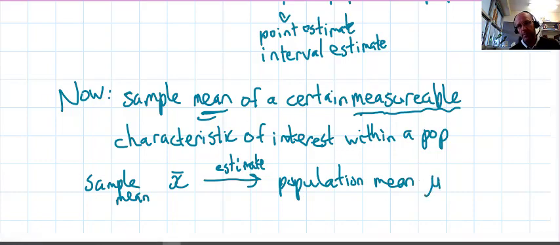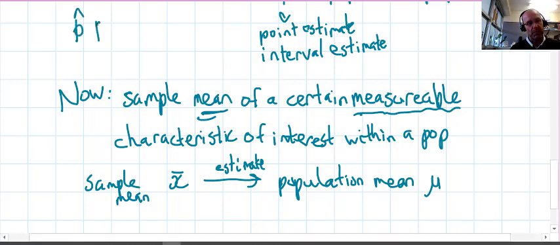mu. With p hat and p, it was whether or not something has a characteristic, the proportion in a sample or the proportion in the population. We're talking about the proportion, yes or no, does it have that characteristic.